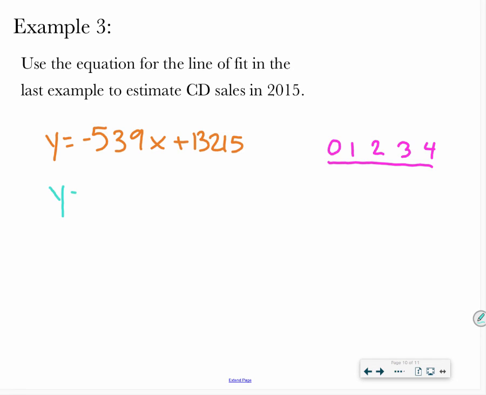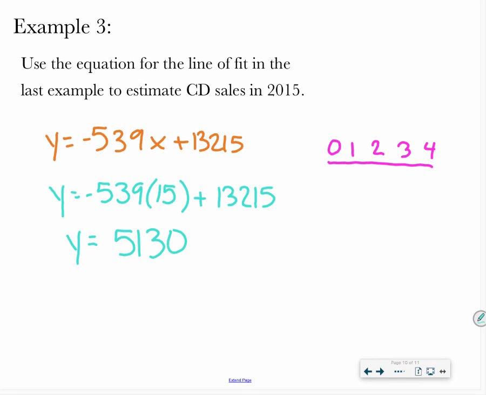So we're going to say y equals negative 539, then how many years have passed if we started at 2000 and we're at 2015? 15 years have passed, plus, and then our y-intercept. So if we plug that in, and we do negative 539 times 15 plus 13,215, we get 5,130. And so our answer is, you can expect that there will be 5,130, not dollars, CD sales that occur in 2015.